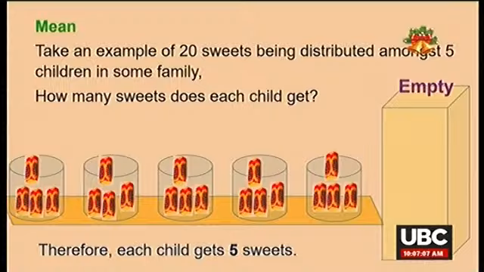What does this indicate? It indicates that 5 sweets have been taken by each child. They have shared equally. So the average number of sweets, which we call mean, is 5 sweets. So mean is the same as average, and the average number of sweets is 5.